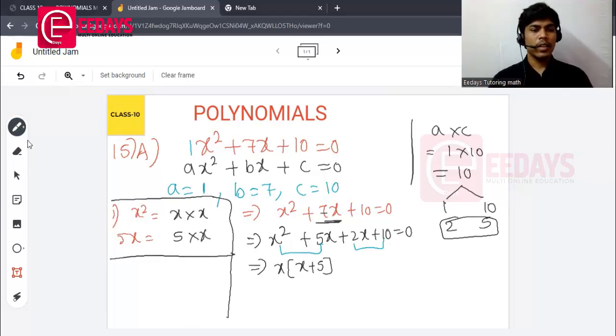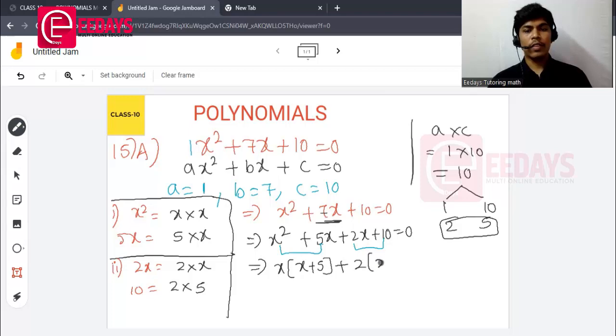For the second part, 2x plus 10, 2x is 2 into x and 10 is 2 into 5. If you take 2 common, you are left with x plus 5.